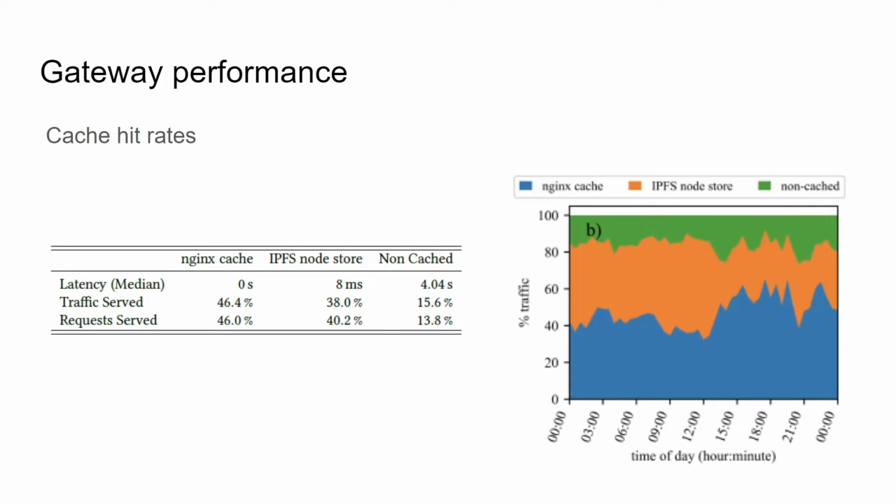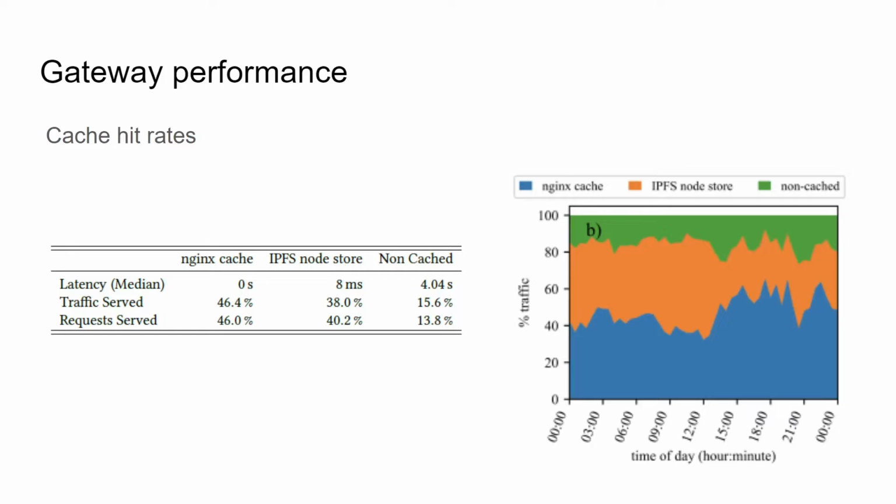Here we can see the proportion of cache hits is roughly 46%, and thus any request that is served by the cache would have a retrieval delay of 0. If we have a cache miss, on the other hand, then we enter the IPFS ecosystem, for which 67% of the remaining queries are able to be served by the local IPFS node itself that the gateway is attached to, resulting in a delay of less than 24 milliseconds.